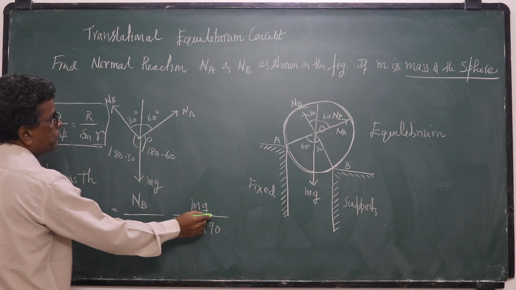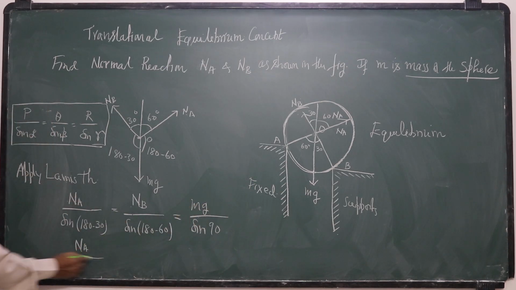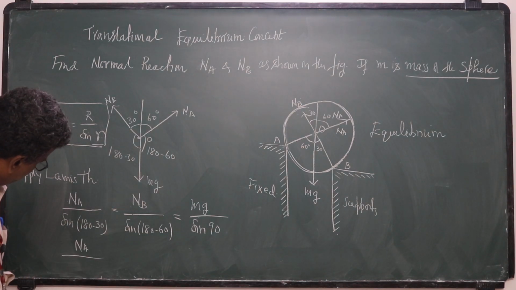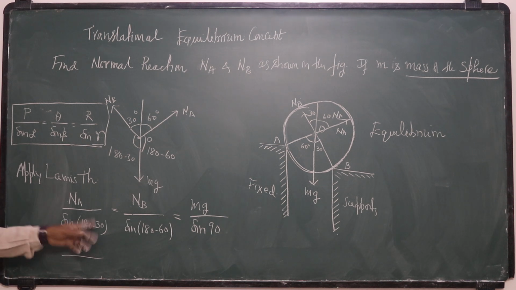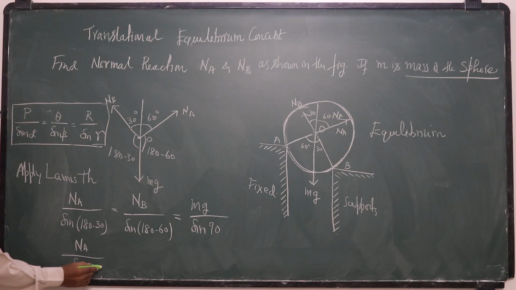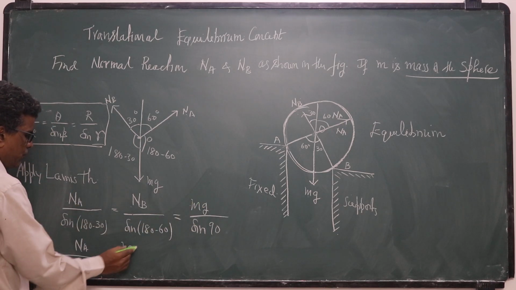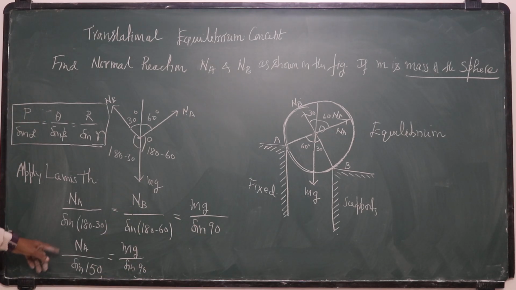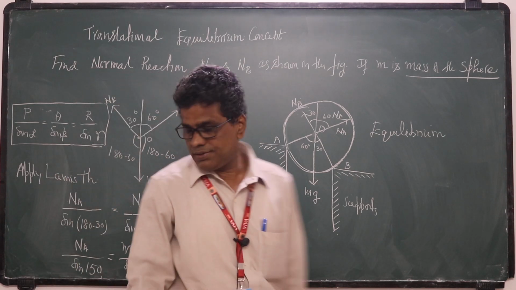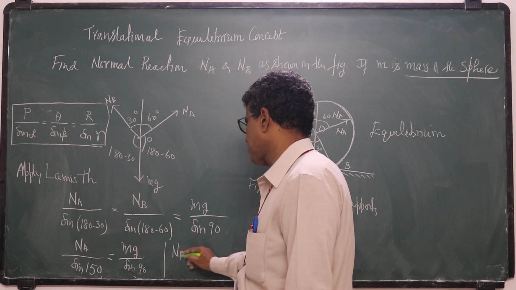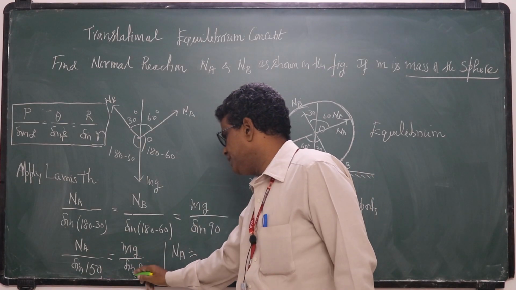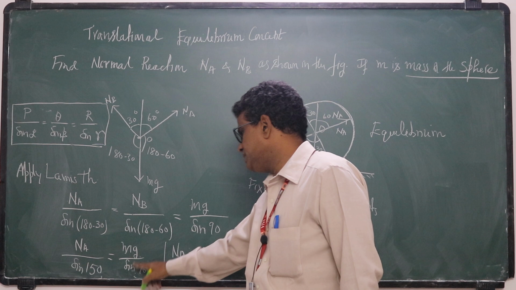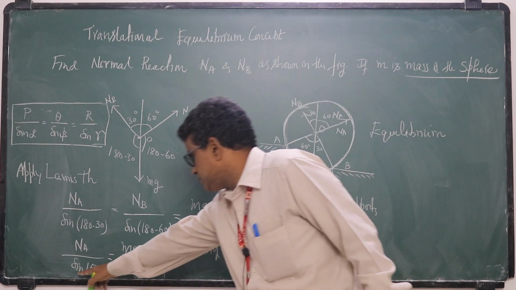So I want NA, so I am equating these two. NA by sine 180 minus 30, which is sine 150, is equal to mg by sine 90, and sine 90 becomes 1. So NA is equal to mg by sine 150.